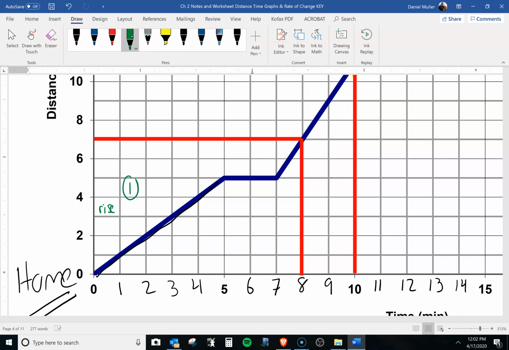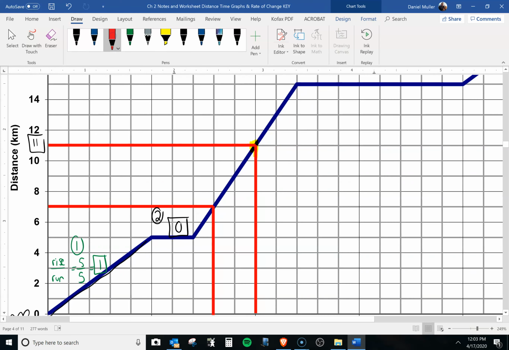So this is my rise and run. So I go up 5 and over 5. Okay, so up 5 over 5. So it's going to be a rise up of 5 over 5, which is 1. So we got a rise of 1. This right here, section 2, is going to have a slope of 0.